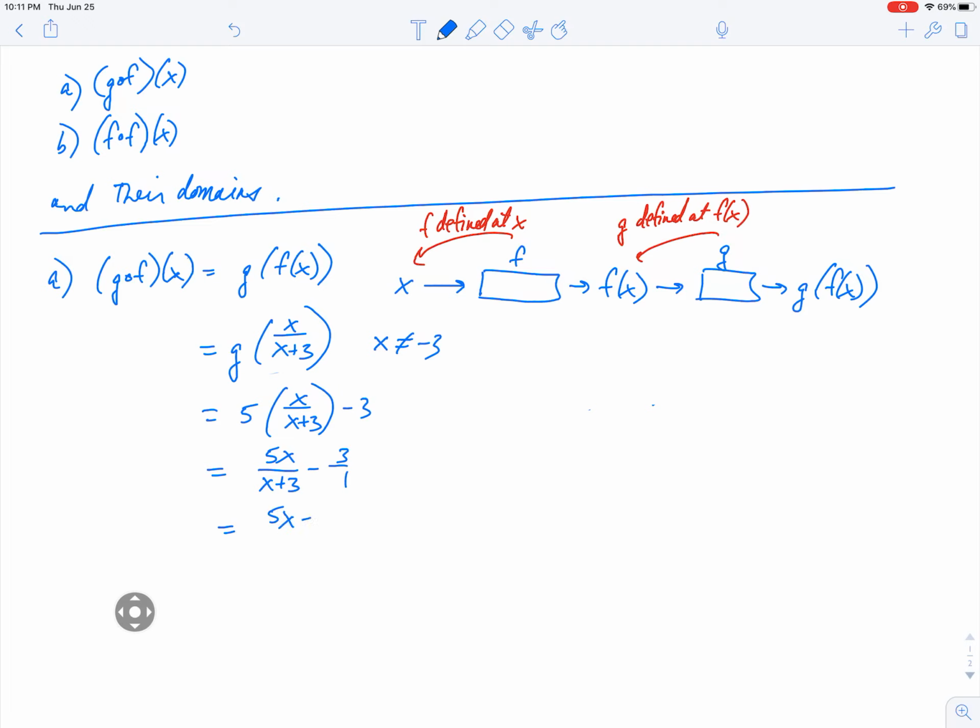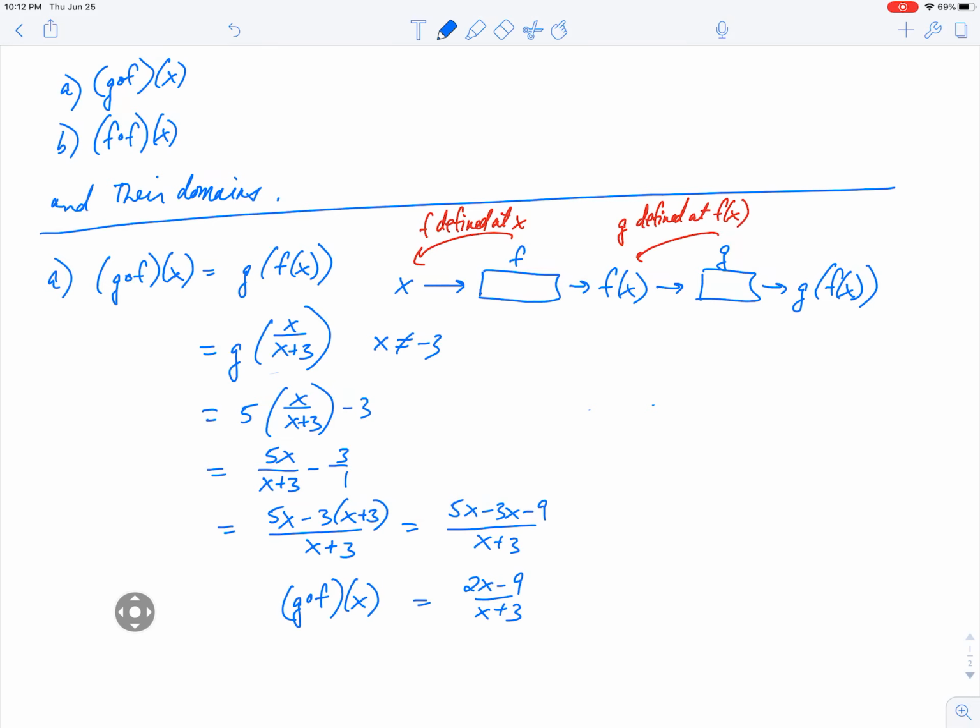So it's 5x minus 3 times x plus 3, getting a common denominator, x plus 3. And that's going to be 5x minus 3x minus 9 over x plus 3. And so this is my answer. It's going to be 2x minus 9 over x plus 3. That is g composed of f of x.